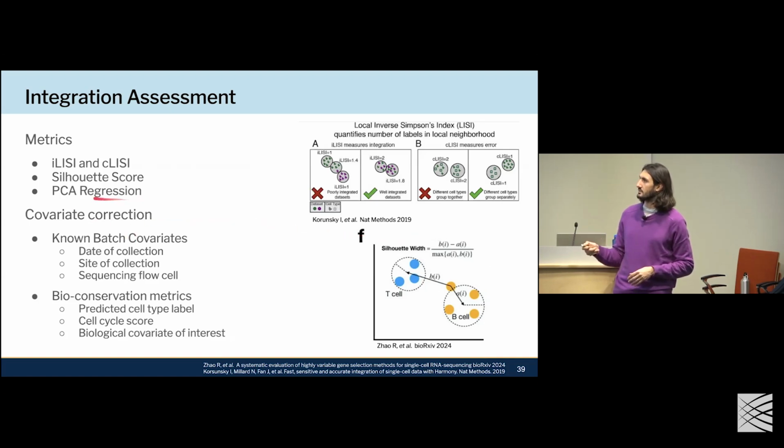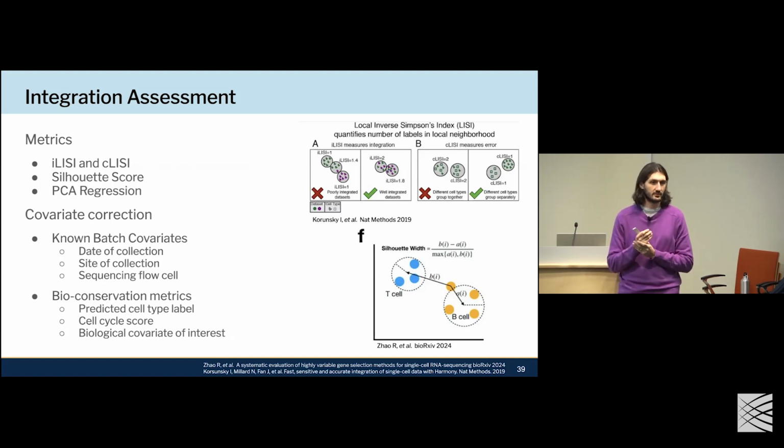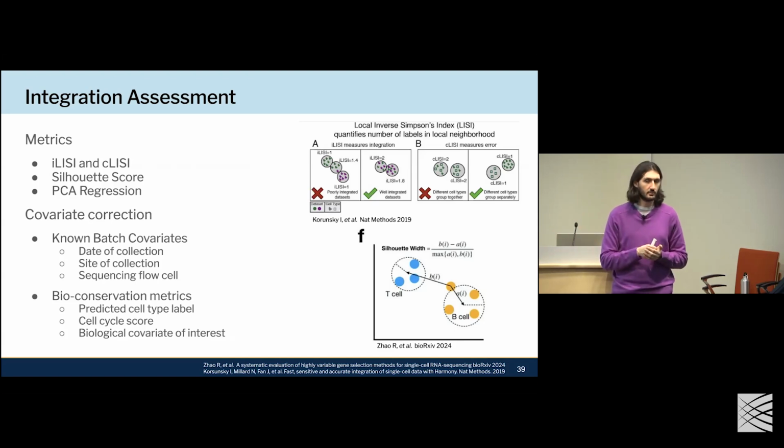And then we can also look at the PCA regression. So we know that this is a little bit more complicated, but we know that each principal component explains X% of the variability within our data set. And then we can draw some kind of model where how much each of our batch covariates explains each principal component.